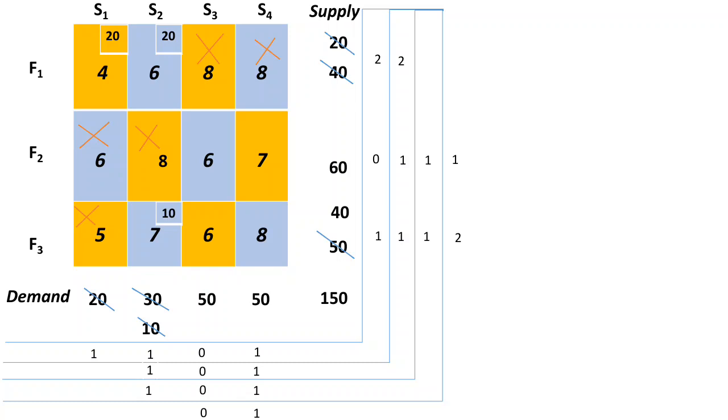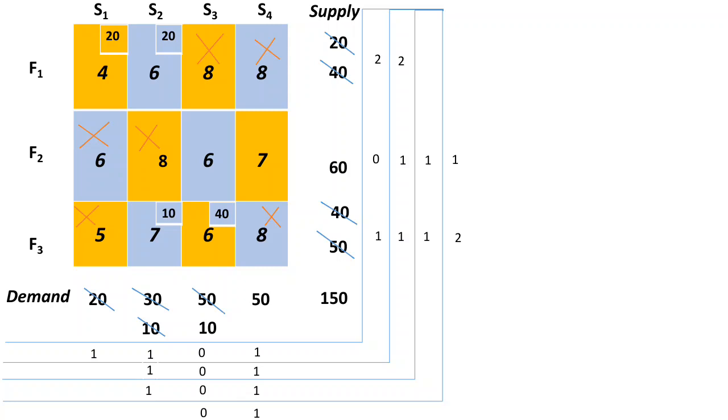So least of the 2 is 40, so we allocate here 40. Now cancel it. The remaining at store 3 is 10, and now factory 3 cannot supply to store 4, so we cancel cost block 8.